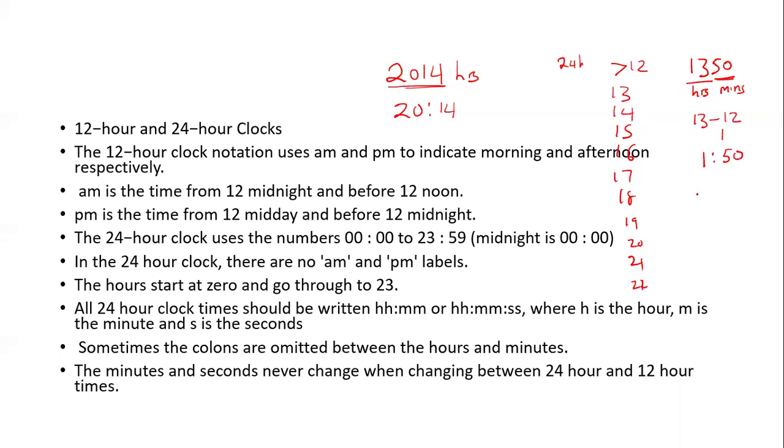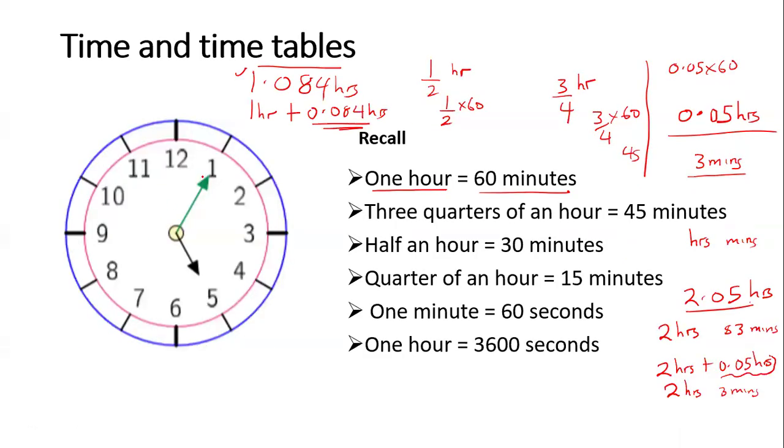When you find 14, you say 14 minus 12. In case you find 15, you say 15 minus 12, as long as the time they have given you is above 12. But in case you feel that one is a bit hard, you can do it manually. You can say this is 12. Remember, 12 remains 12. So you can say this is 13, this one is 14, this is 15, this is 16, this is 17, 18, 19, 20, 21, 22, 23, and then 12, or what we call 00.